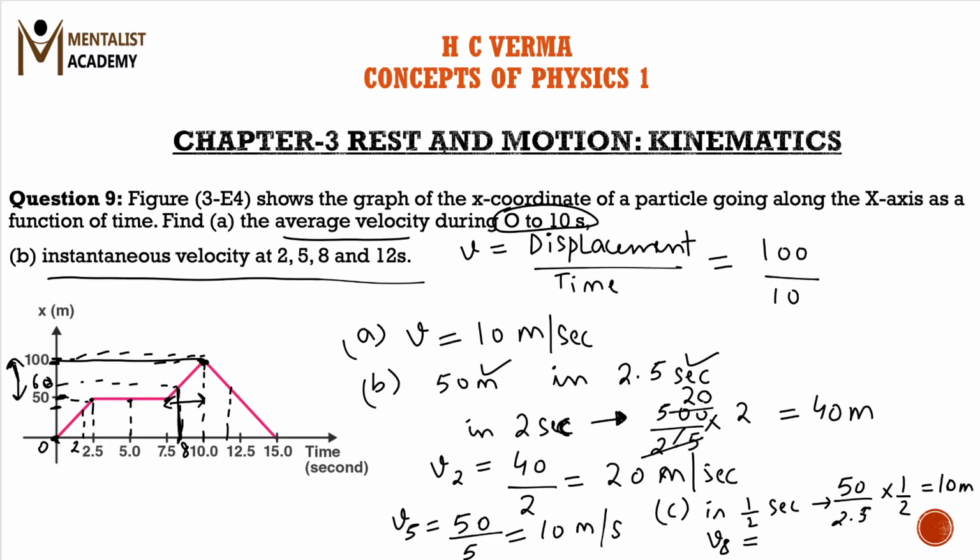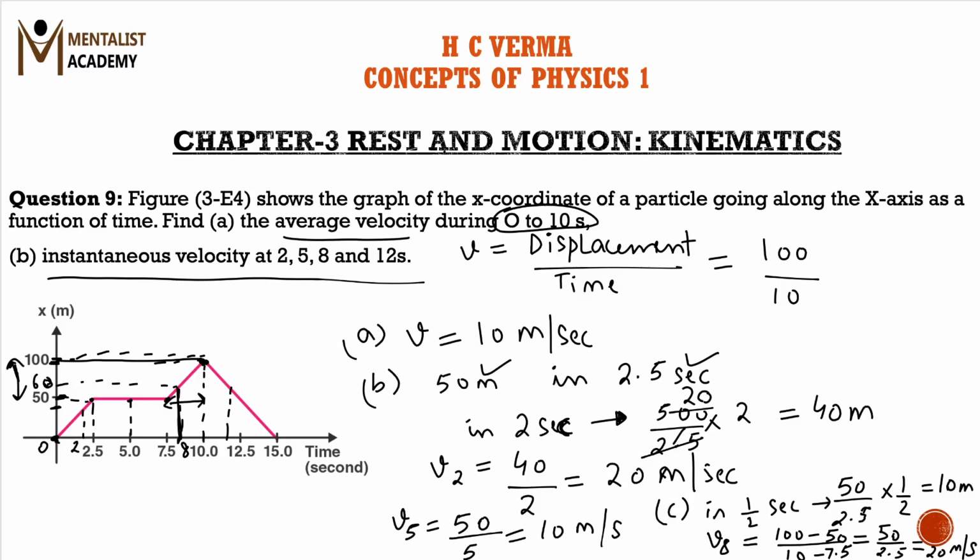The slope of the graph is 100 minus 50 divided by 10 minus 7.5, which is equal to 50 upon 2.5, that is equal to 20 meter per second.